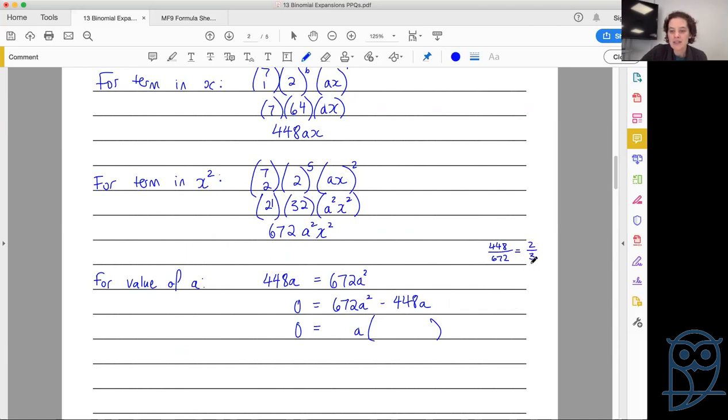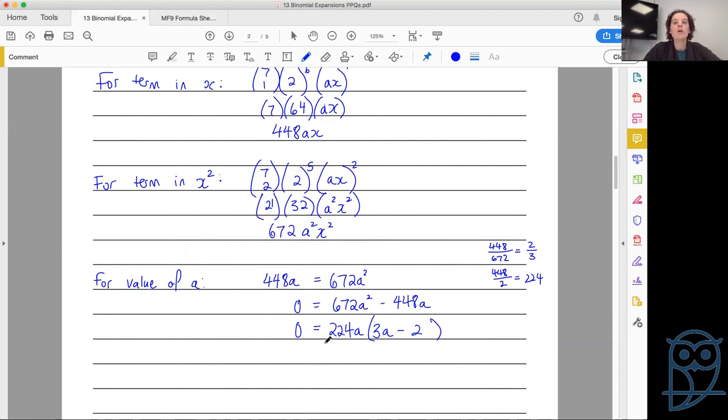So this shows that we have a common factor. If we then say what is the common factor, to get it easy, 448 over 2 equals 224. That means we can take out 224a. From 672a squared, 224a taken out leaves us 3a. Minus 448a divided by 224a leaves us 2.